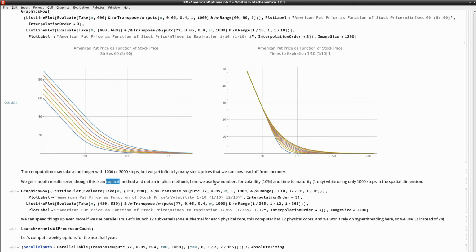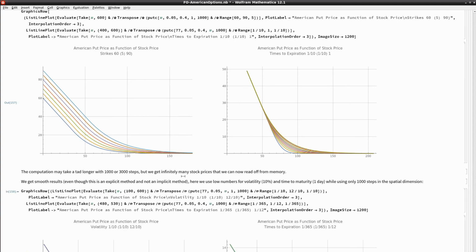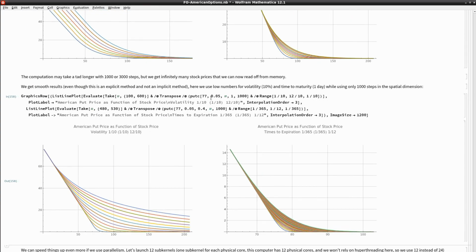So here we use low numbers for volatility. 10% is pretty low, and time to maturity I'm setting it to 1 day while using only 1,000 steps. And look how fast it is, and we get the results plotted instantly for these vectors, right?